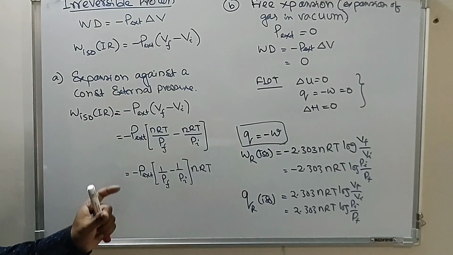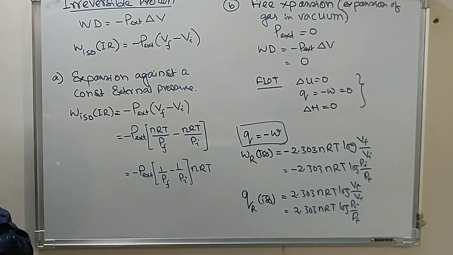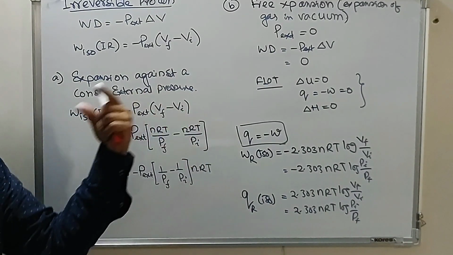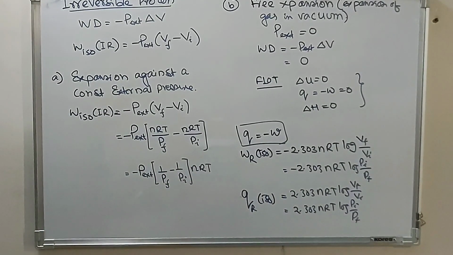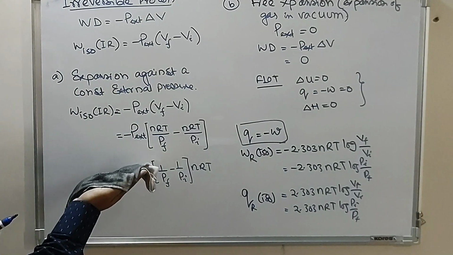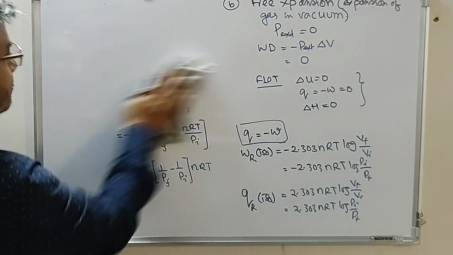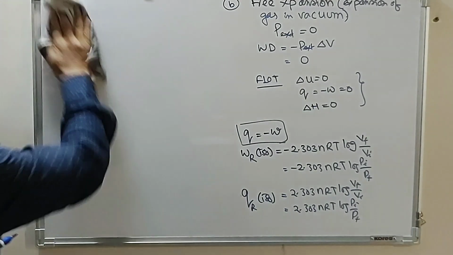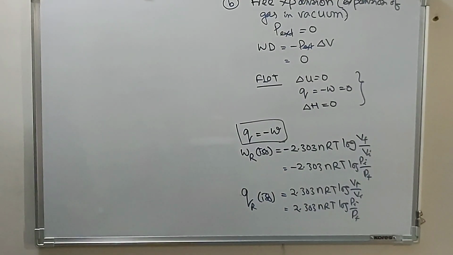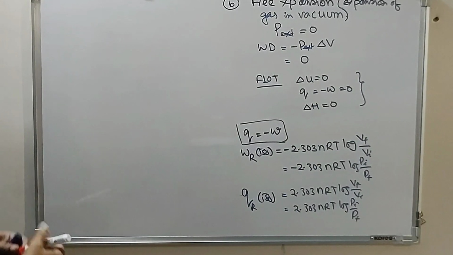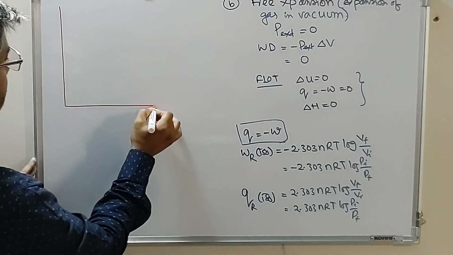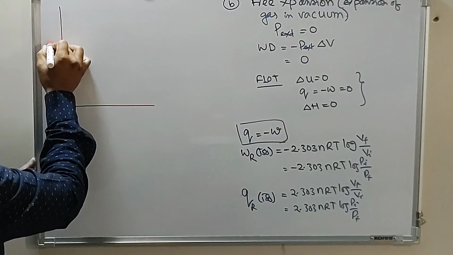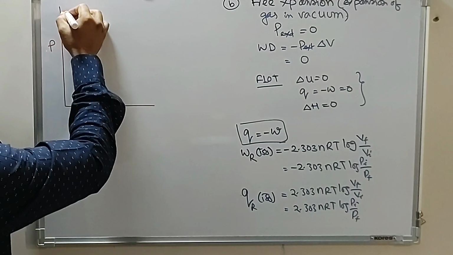Now this work done is defined as the area under the curve. So graphically we can also define this work done. Let's see how. This is pressure, this is volume.